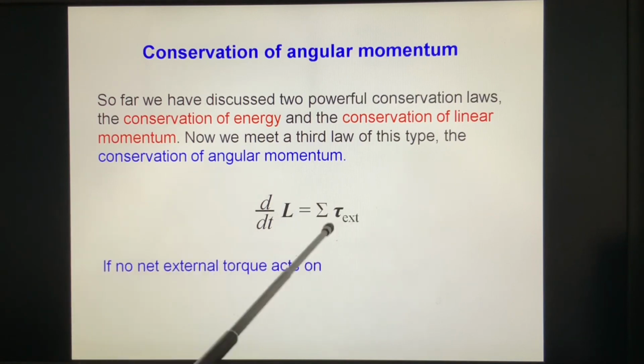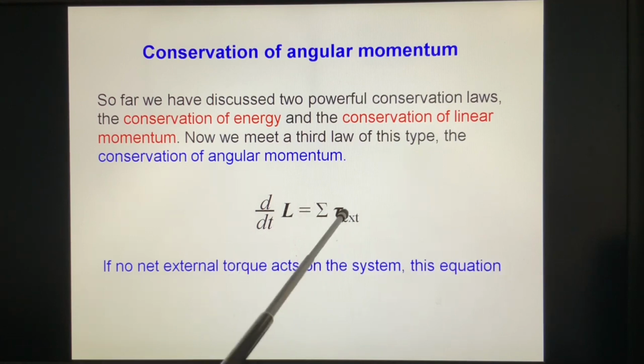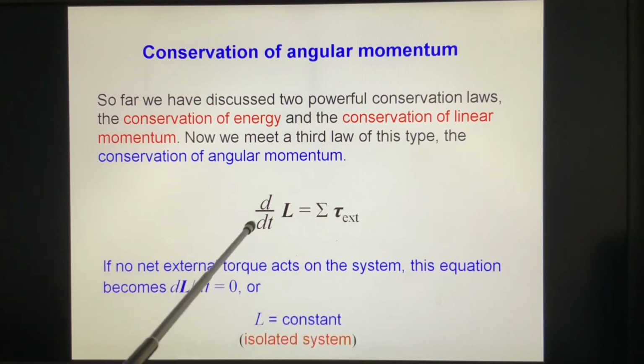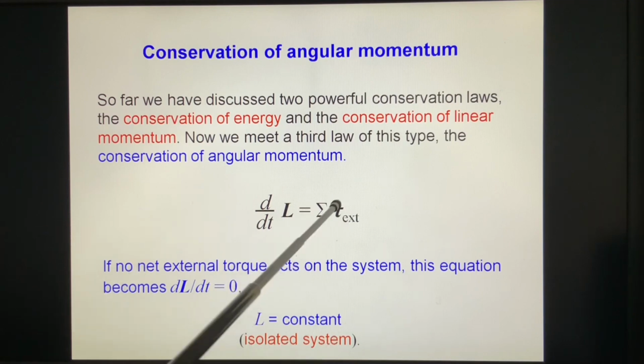If no net external torque acts on the system, this equation becomes dL/dt equal to 0, or L is constant. This is an isolated system, no contact with outside, okay, because this is 0.